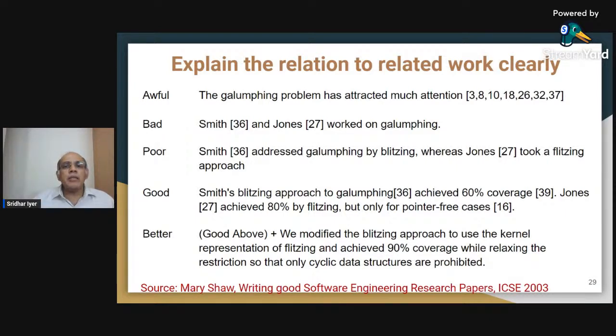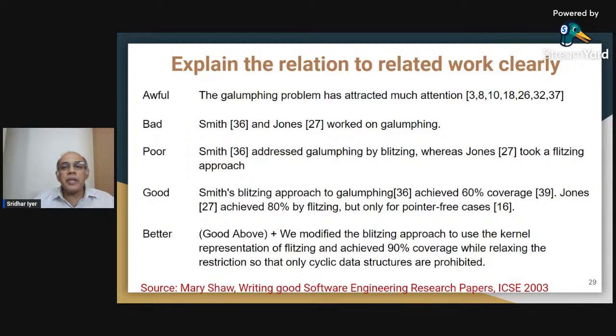At this point, the referee is either convinced that yes, your problem is new and you are working on something worth working on, or the referee feels that this is a problem that has been solved and you have not really picked a problem. There's no novelty in the problem, and there may not be much novelty in the solution.